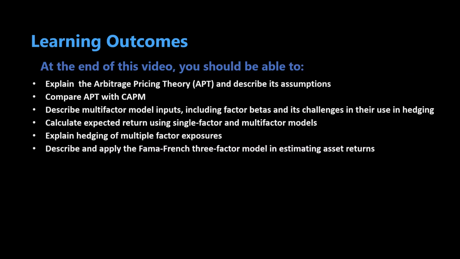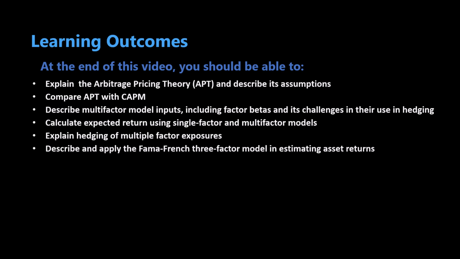By the end of this video, you should be able to do 6 things with confidence. First, explain what arbitrage pricing theory is and state its assumptions with clear understanding. Second, compare arbitrage pricing theory, APT, with capital asset pricing model, CAPM, in a precise way.